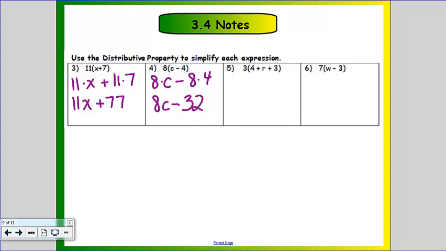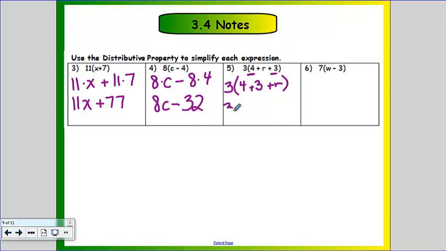Number 5, we have 3 times the quantity 4 plus r plus 3. So notice that in the parentheses, we've got 2 numerical values, a 4 and a 3. I'm going to use the commutative property to rearrange this expression so that the 4 and 3 are next to each other. Okay, now inside the parentheses I can see, again, I have 4 and 3.